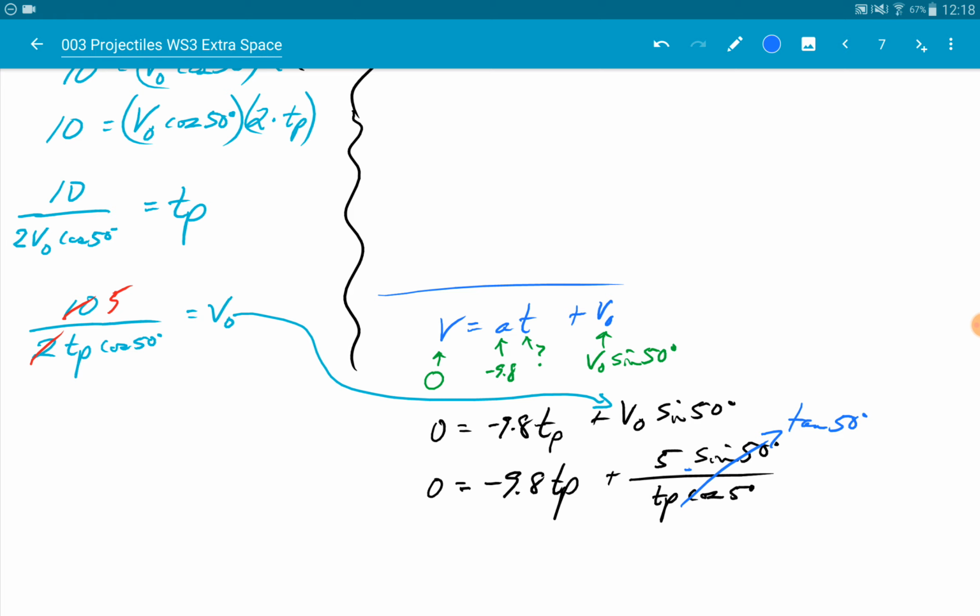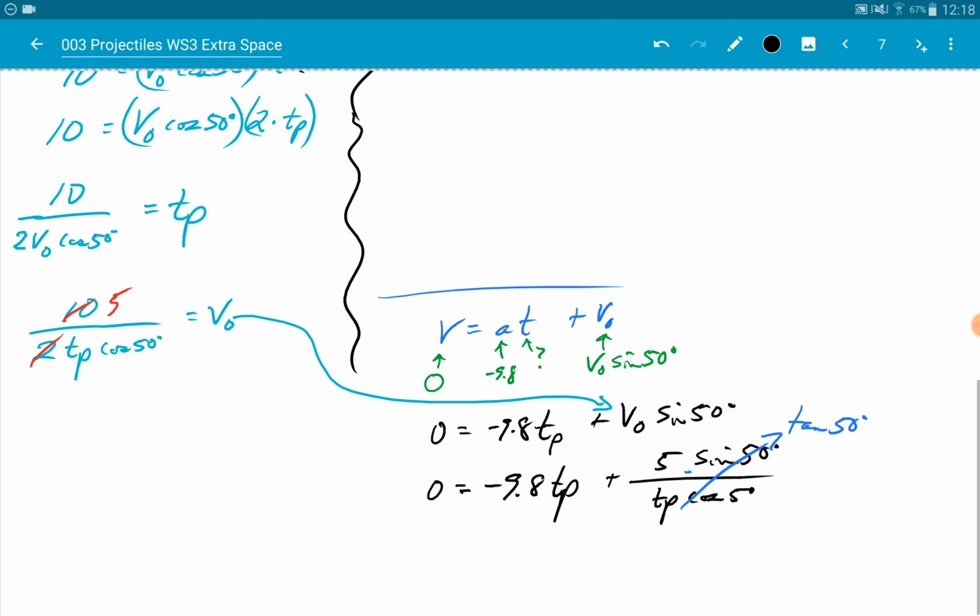And then TP here. So how do I want to solve that? Yeah, so I'm going to subtract that over to the other side. So I'm going to do -5.